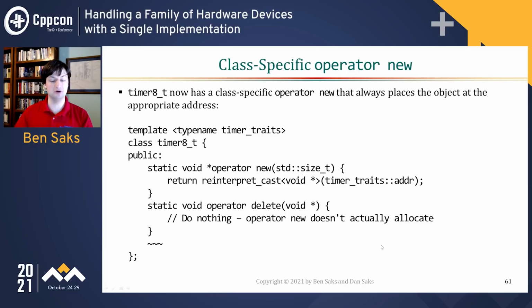The language as a whole really prefers that you pair these things. You can get surprising behavior if you don't. But in this case, the operator delete doesn't actually need to do anything in particular because operator new isn't changing anything's state. It's just always returning a fixed value. There's nothing to clean up when an object of one of these timer types goes away in terms of its memory.